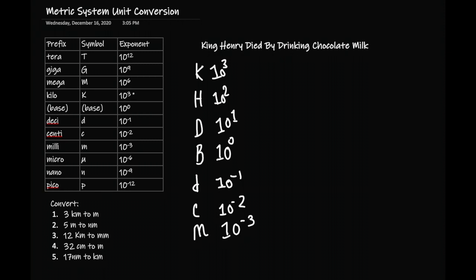For kilo we have 10 and the exponent is 3, so we have to add 3 to this 3. Then we get 6. So for mega we got 10 to the exponent 6. If we want to go to giga, we have to add 3 to that. So basically each time we are adding 3.